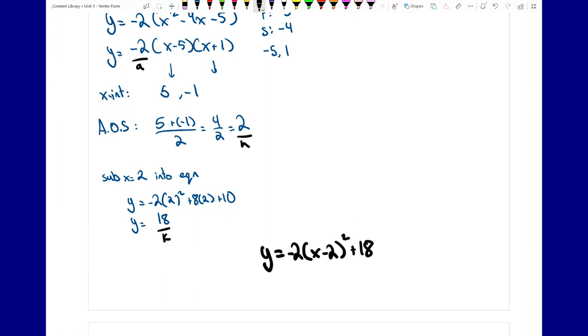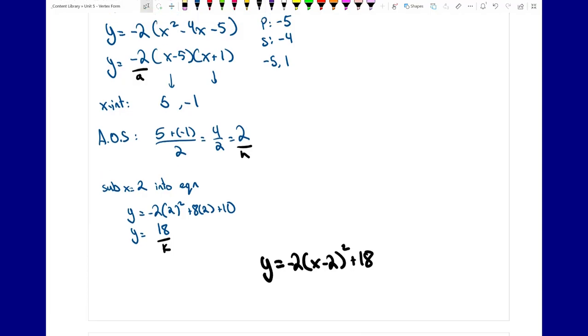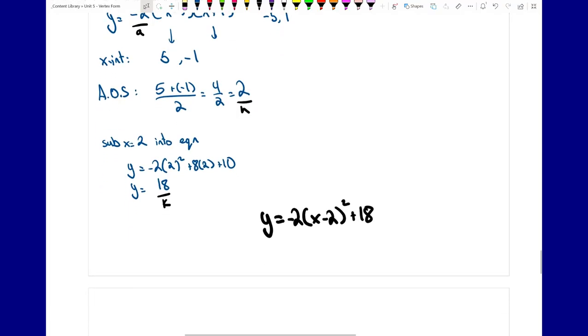The k value, or the y value from our vertex, that we found. So that's the equation of this parabola in vertex form. So in this case, we could say the maximum height, therefore the max height is 18 meters.